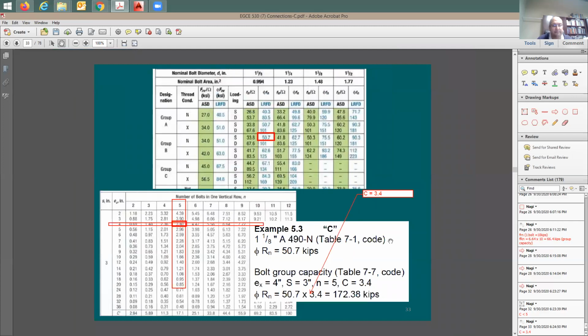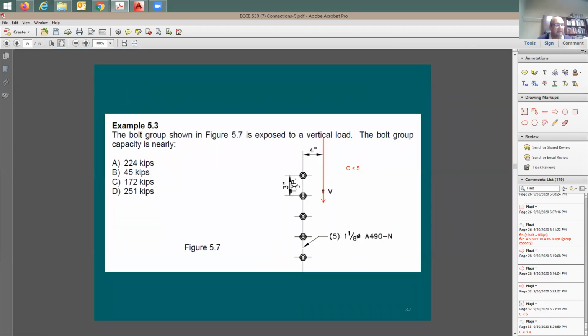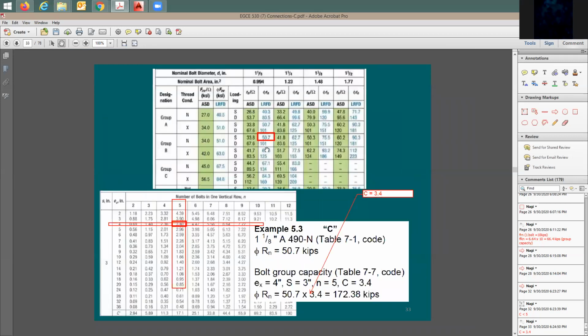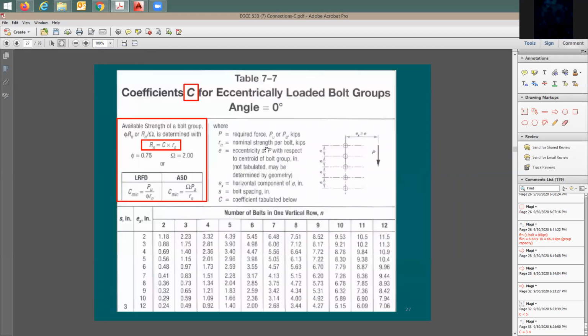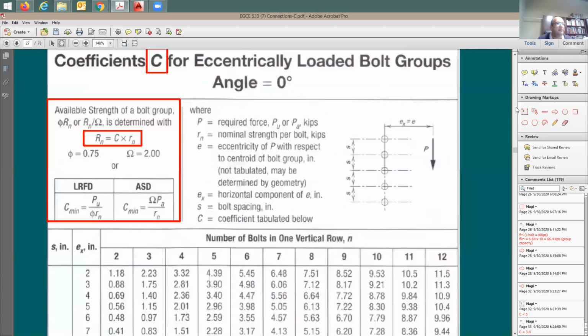Sir, what is S over here and how is it 3 inches? S is 3 inches. As I said, 3 inches is the spacing. Here's S, the spacing S, and the spacings have to be equal to each other. You cannot go with 3, 3, 3, and all of a sudden jump to 4 inches.